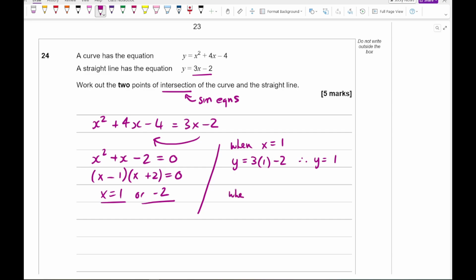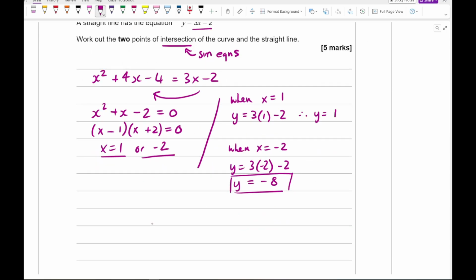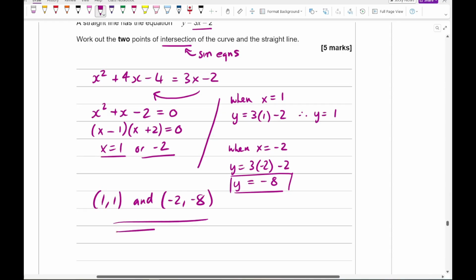And when x equals negative 2, then y is going to equal 3 lots of minus 2 minus 2, which equals negative 8. So my two coordinates are going to be (1, 1) and (minus 2, minus 8), and there we go.